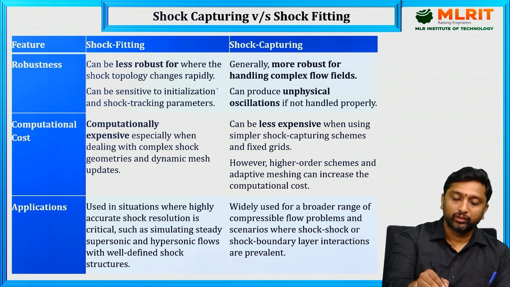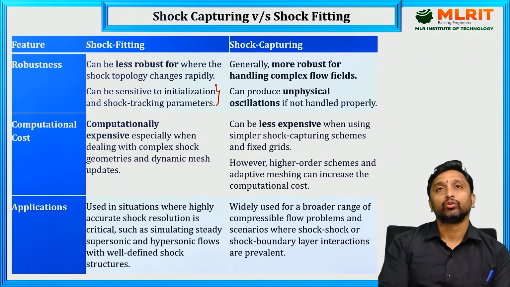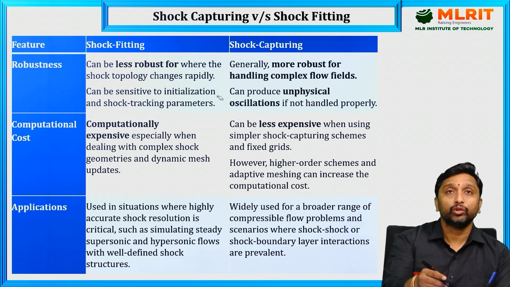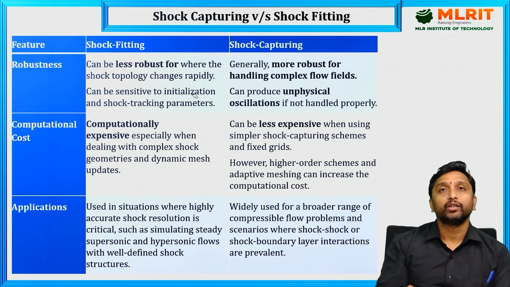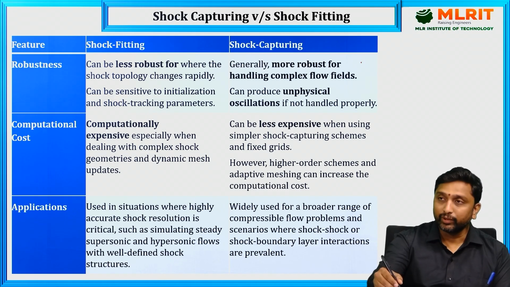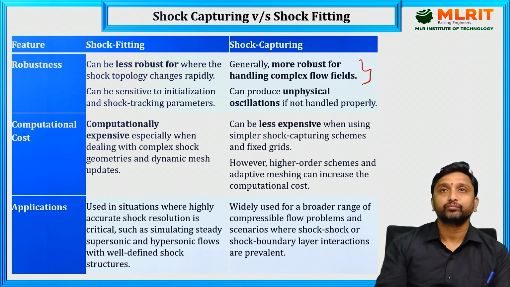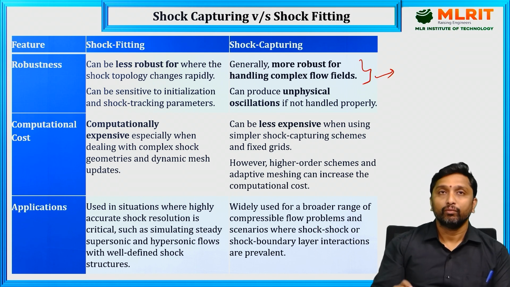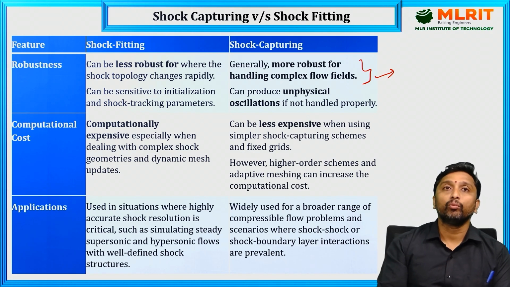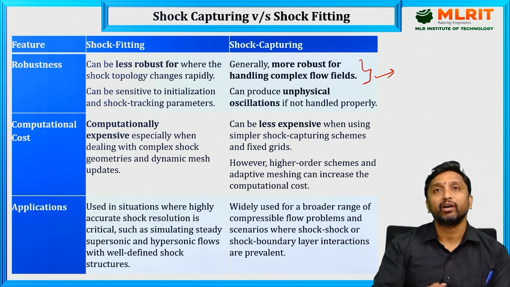So if shock tracking parameters are not defined properly, then you might have a very poor result, so you have to first initialize and check the shock tracking parameters using the Rankine-Hugoniot equations. Since shock capturing is very simple to apply, it is very robust and can handle complex geometries or complex flow fields, whereas shock fitting cannot accommodate complex flow fields which have multiple shock waves or interaction of shock waves with boundary layers.